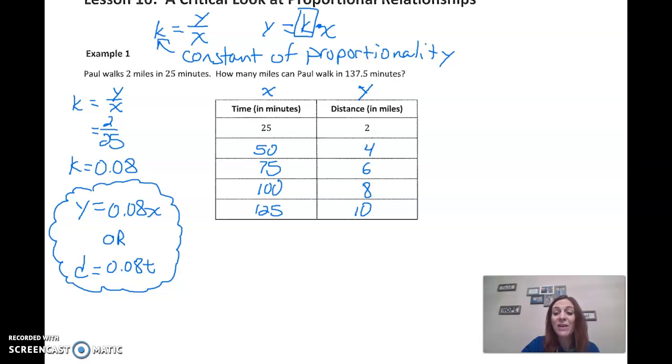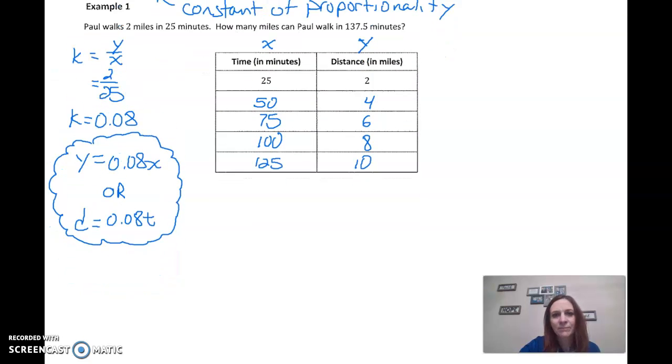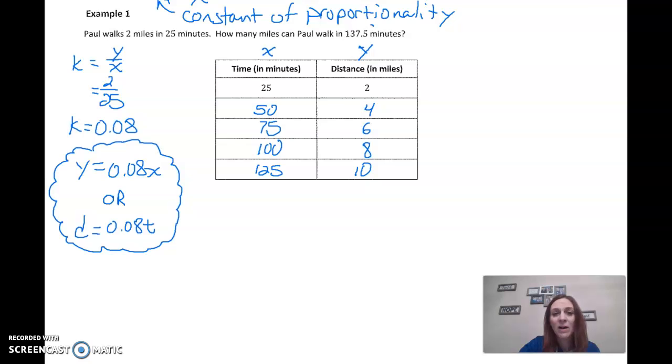So if I wanted to figure out how far Paul can walk in 137.5 minutes, that is t, because that's minutes. T is 137.5 minutes. That's why it's helpful to change up our variable.